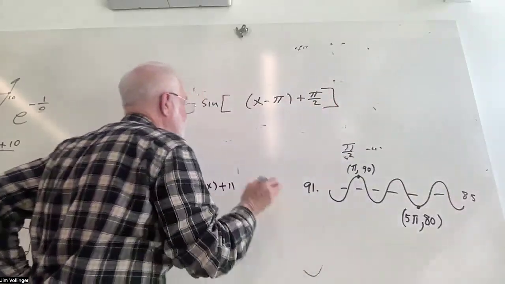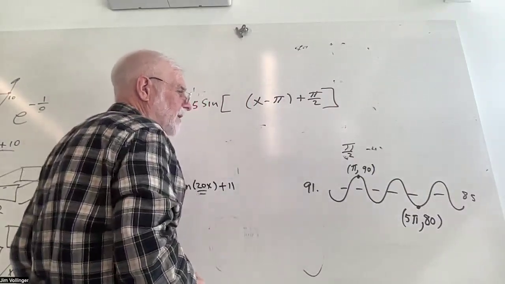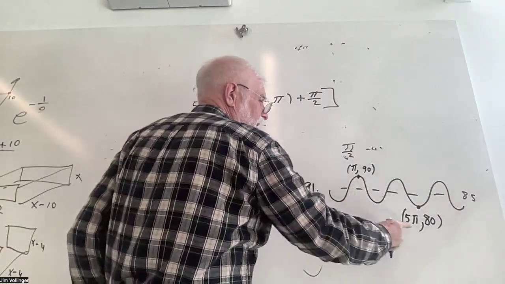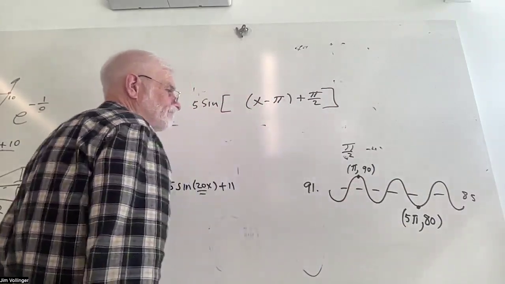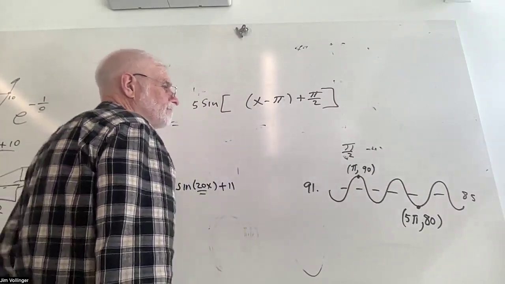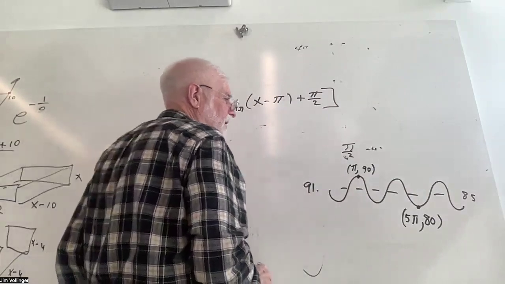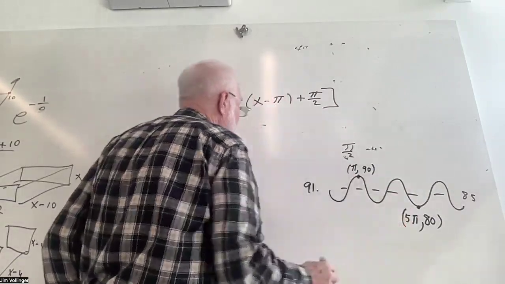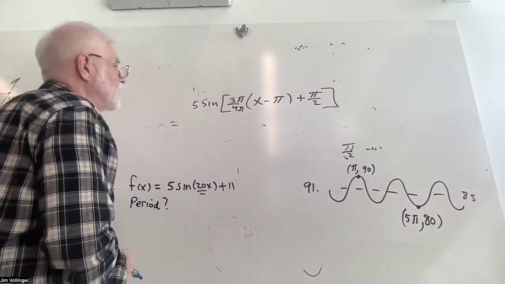I'm going up 5 and down 5, right? And now I got to get the period from pi to 5 pi. That's a change of 4 pi. I don't think I want 4 pi. I think I want 1, 2, 3 pi. Looks to me like the pi's canceled.